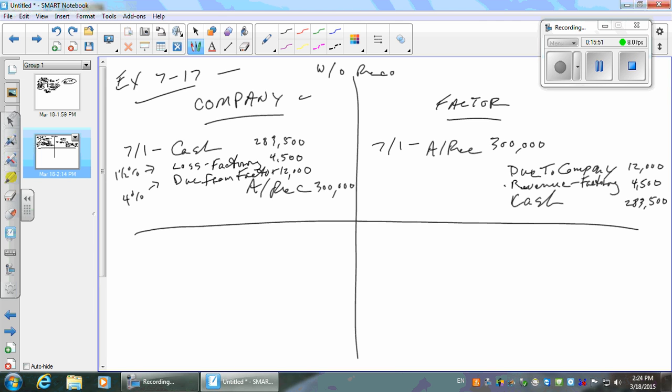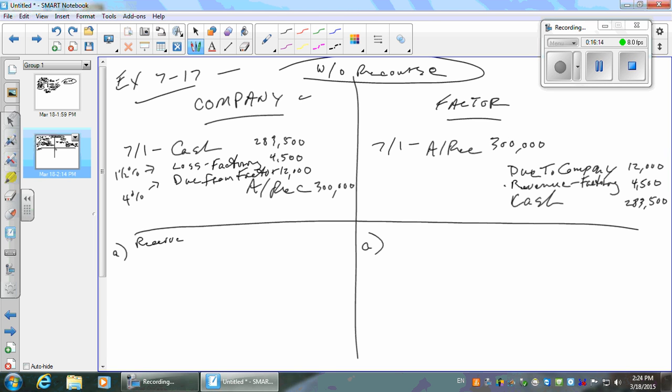Okay, let's do 3 different payments. Let's try this. Three different scenarios. So A is, we'll do it all in 1 month.